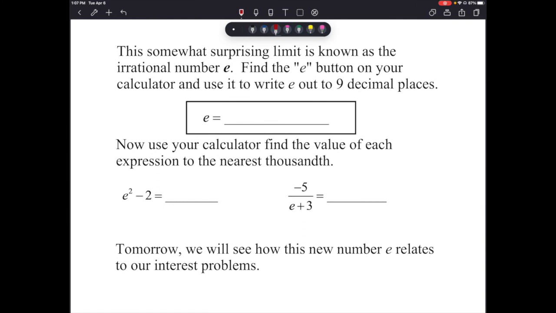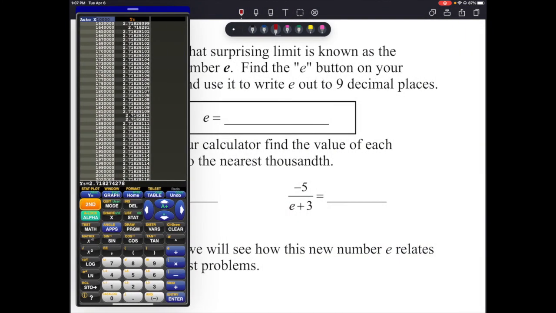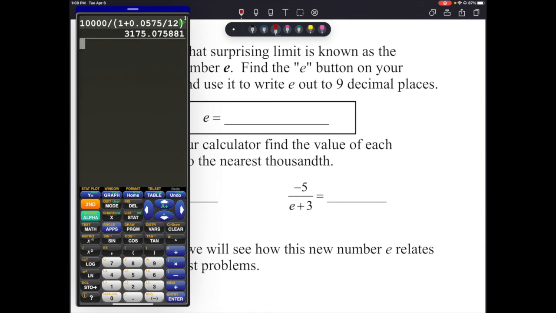To find it on your calculator, if you have an 83 or an 84, you'll find that e button to the left of number 4. You'll press second, and then the ln button, which is the natural log. When you press second, you'll see an e, and then we'll always put a little exponent up there.